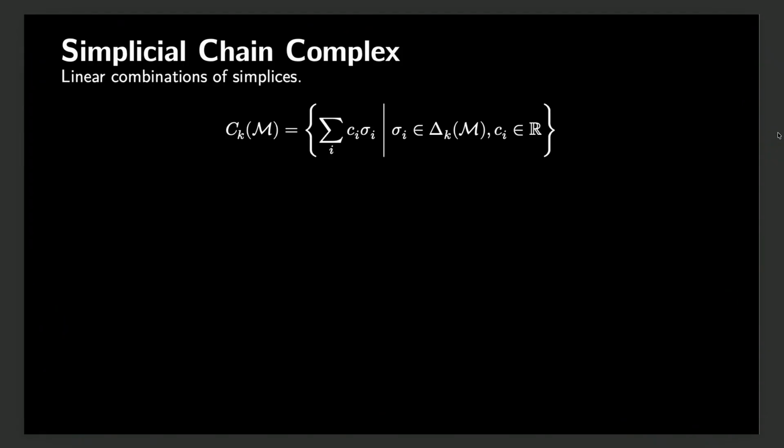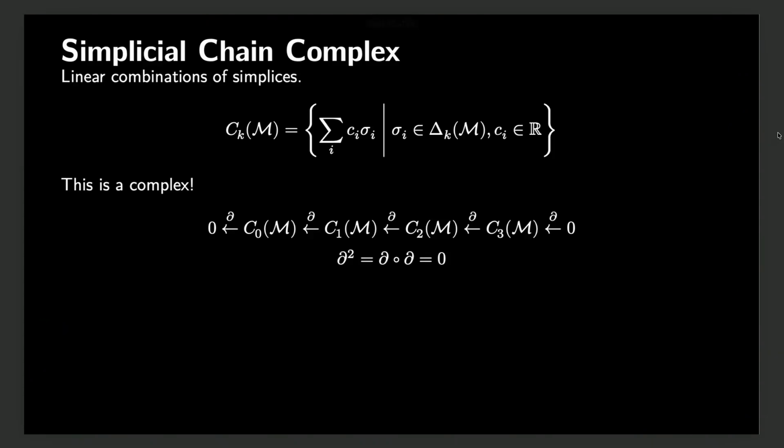We can now define a vector space of simplices by allowing formal linear combinations of them. And these are then called k-chains. So k-chains are linear combinations of the k-simplices of the mesh. And it turns out that these vector spaces form a complex. This is a complex in the same sense that the de Rham complex is a complex.